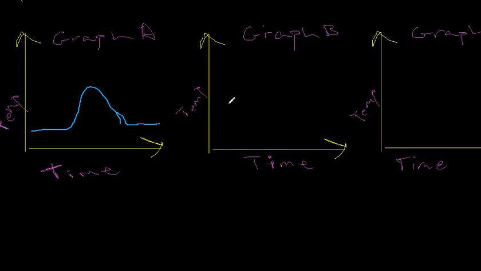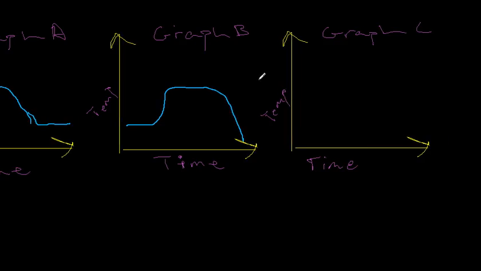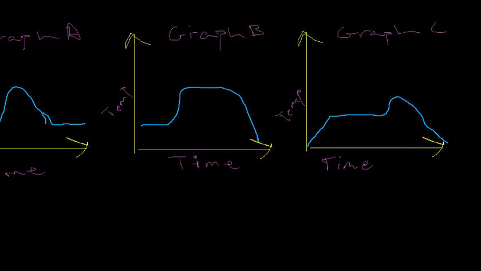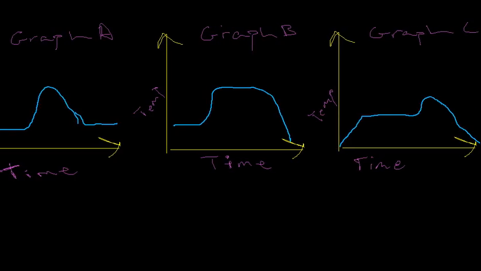The second graph will start here, curve up, plateau and then just drop straight down. The third graph starts all the way down here, goes up, plateaus, bumps up, and goes down. Well, we don't know that for a fact yet.